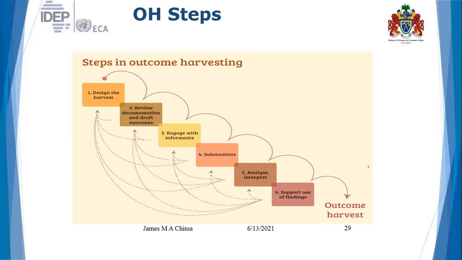So you see the first step is the design stage of the harvest. The second step is reviewing the documentation and the draft outcomes. The third step is engaging with the informants that we're going to engage to generate evidence.